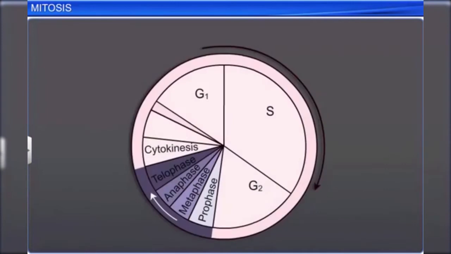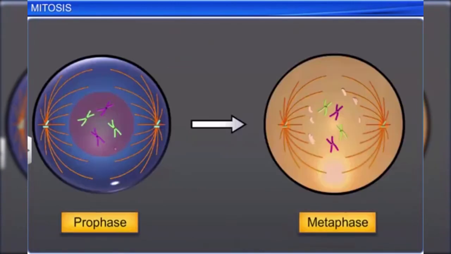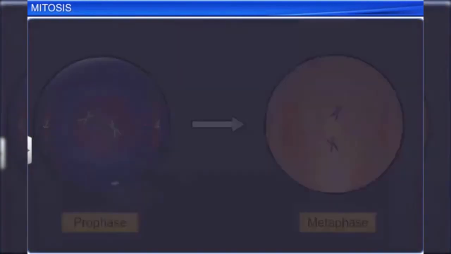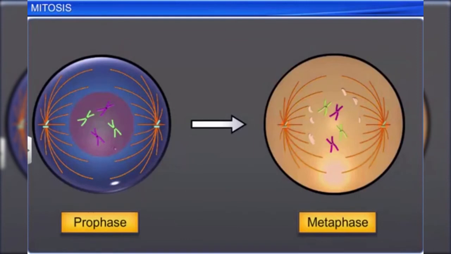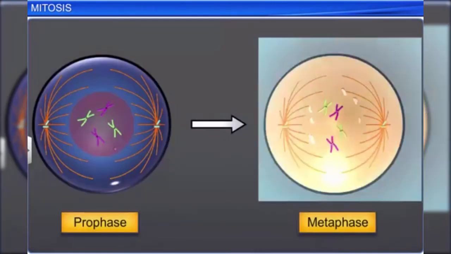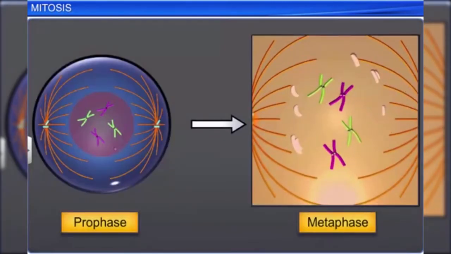Prophase is followed by the metaphase, the onset of which is marked by the disintegration of the nuclear membrane, resulting in the scattering of the chromosomes in the cytoplasm. During this stage, the chromosomes can be clearly seen and studied under the microscope as their condensation is complete. Moreover, each chromosome is made up of 2 sister chromatids bound together by a centromere.